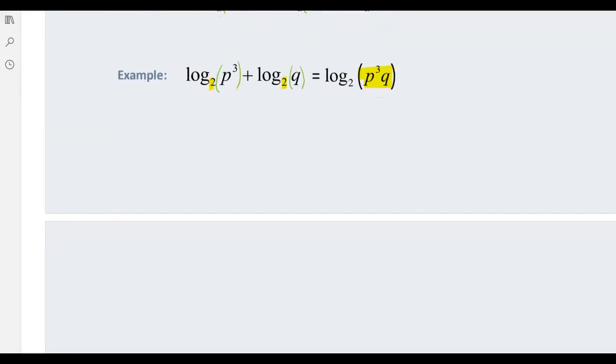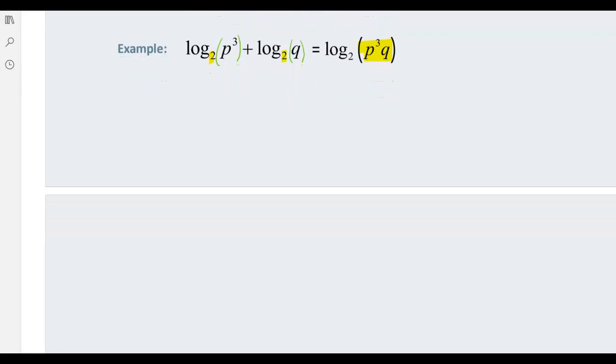I'm going to go through the proof of this. So to prove this, log base a of mn equals log. Okay, the first thing that we'll do is we're going to let log base a of m equal a different variable.